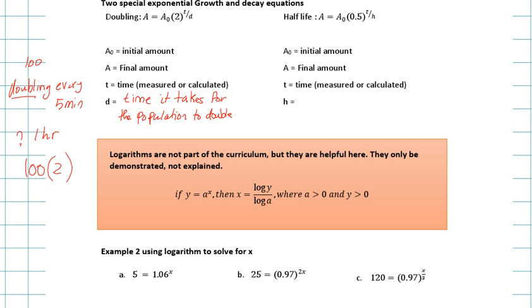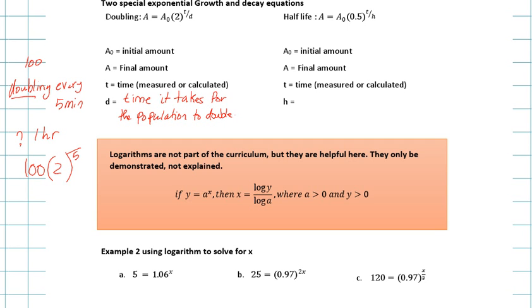Now, what do I replace T by? 1 hour, right? The question is asking how much do I have after 1 hour. But the problem is I can't put 1 hour because the unit is different.